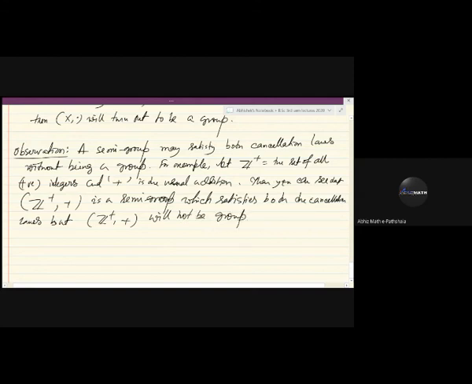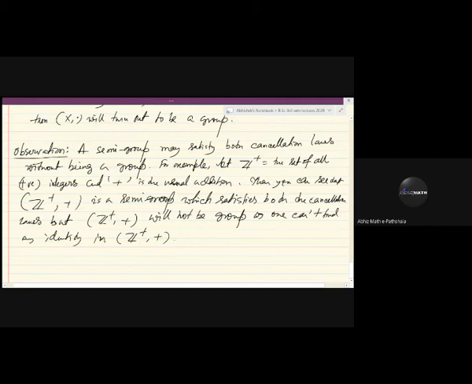Even you can say that this will not be a monoid, as one cannot find any identity in this algebraic system.